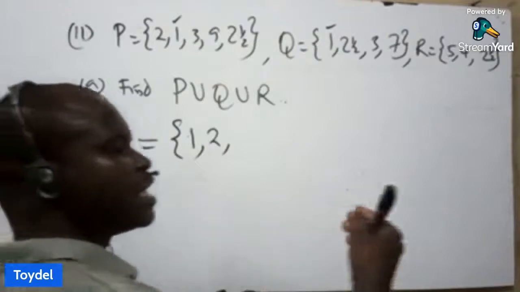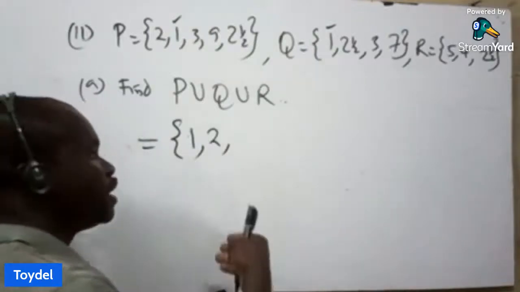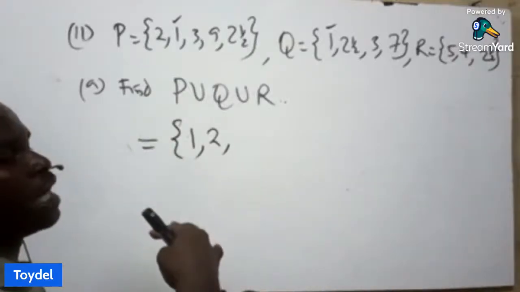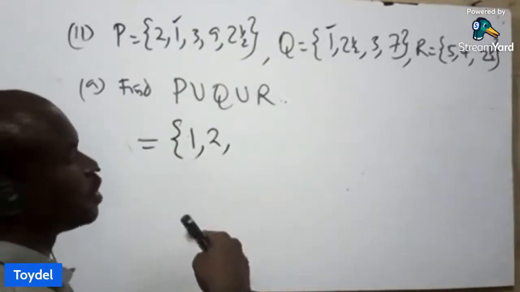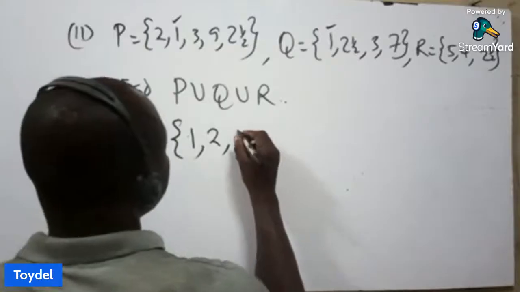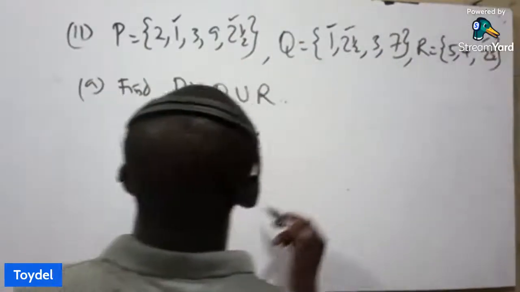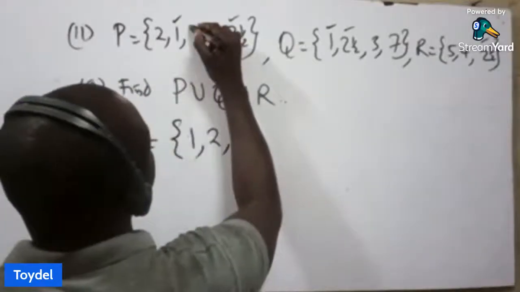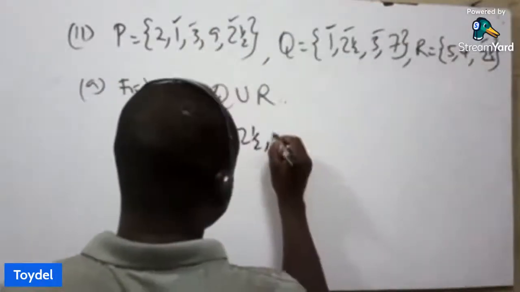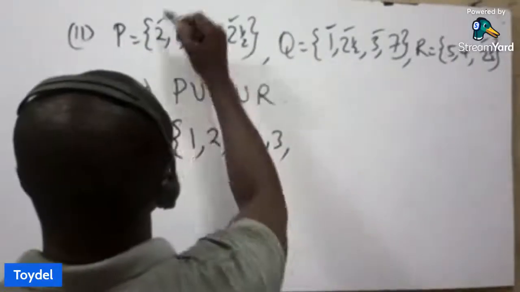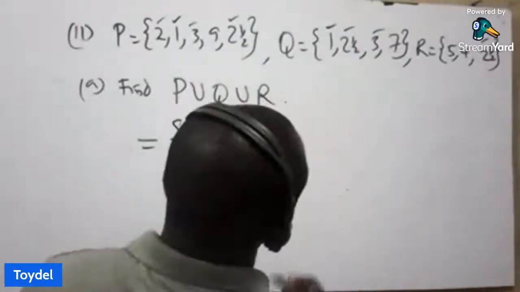Union simply means that you have the element in P, or Q, or R, or the element is in everything, is in both, but you only pick it once. So we have 2.5, so we've picked 2.5. Then after 2.5, we have 3 here, but we don't have it here. We pick it. Then we go ahead and pick 4.